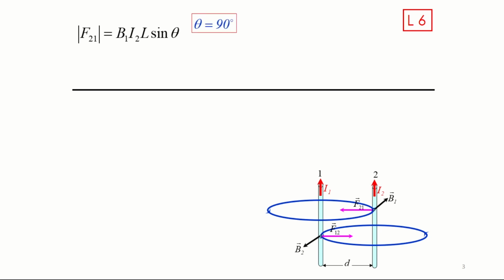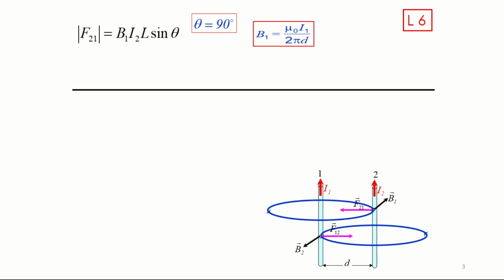Theta here equals 90 degrees, where theta is the angle between B and L. For B1, we use the equation B1 equals mu naught I1 divided by 2 pi d.